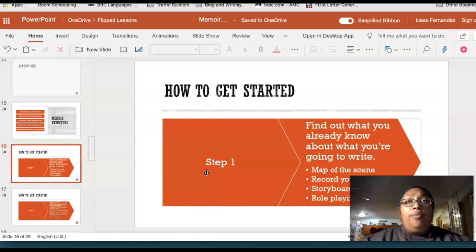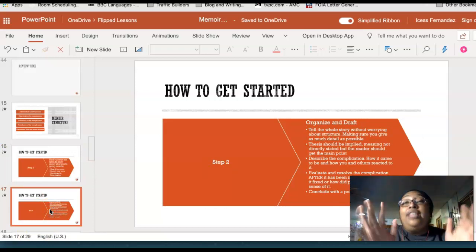Where did the story come alive? Where did it slow down? Where it slows down and where it comes alive is what the reader is going to also notice. So actually telling it to yourself helps you write it down later on. And of course, using storyboards or role playing can actually be helpful to get into the memoir essay.